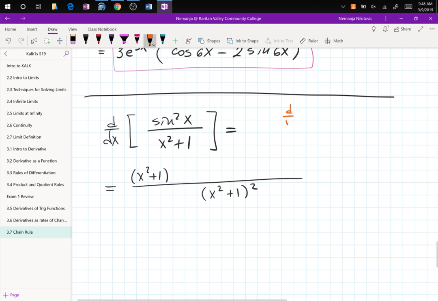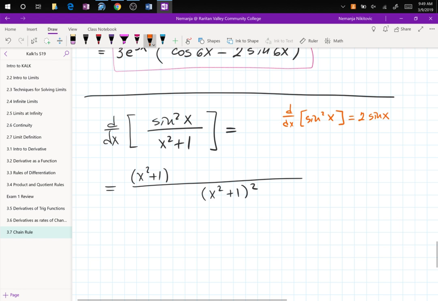We need to take the derivative of sine squared x. So I take the derivative, this is like x squared, so it's going to be 2x, so it's 2 sine x.